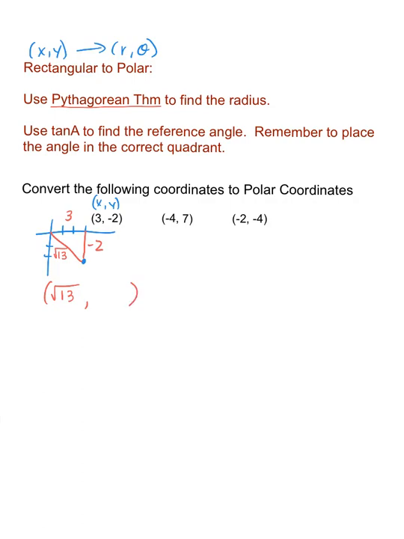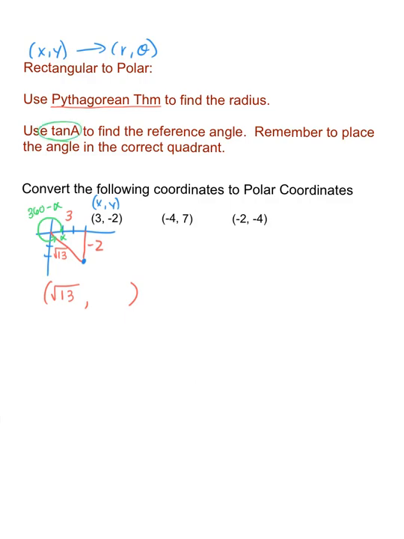Okay, so I know that my angle will ultimately be, if I started from my initial ray and went all the way around, 360 minus whatever this little reference angle is. So in order to find that angle, what I can always use is tangent.